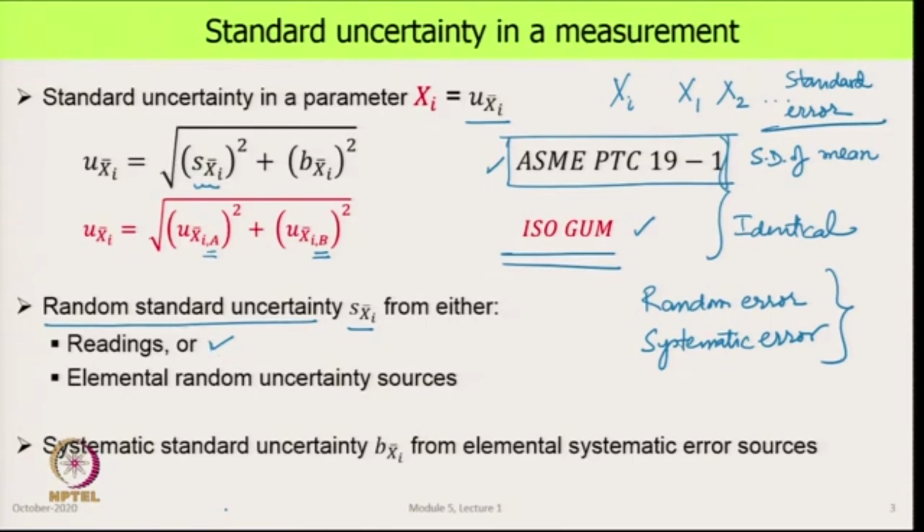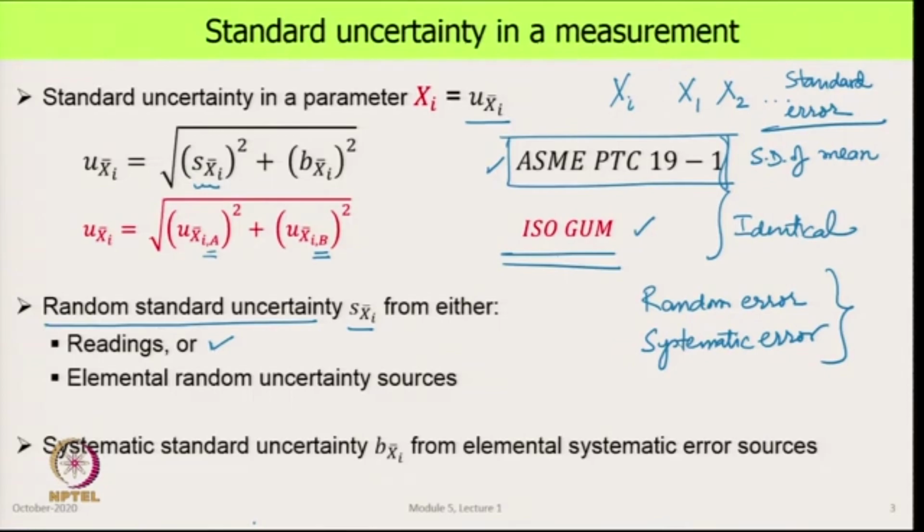That is a very straightforward thing: if I want to get the standard uncertainty in, say, a pressure measurement, I make multiple measurements of the pressure, note down the readings, assuming that everything else is in steady state, and then we do a bunch of statistics based calculations and establish s x_i bar. It is a one step calculation. In practice, this is usually the case, and later on we will also see examples, and in the assignment you will see problems on this.